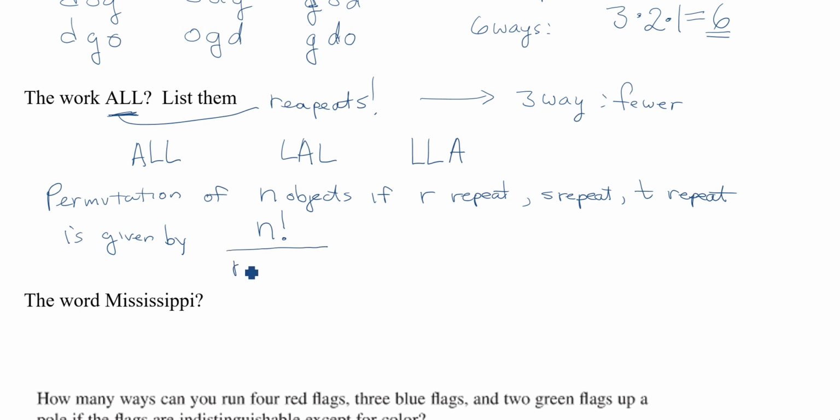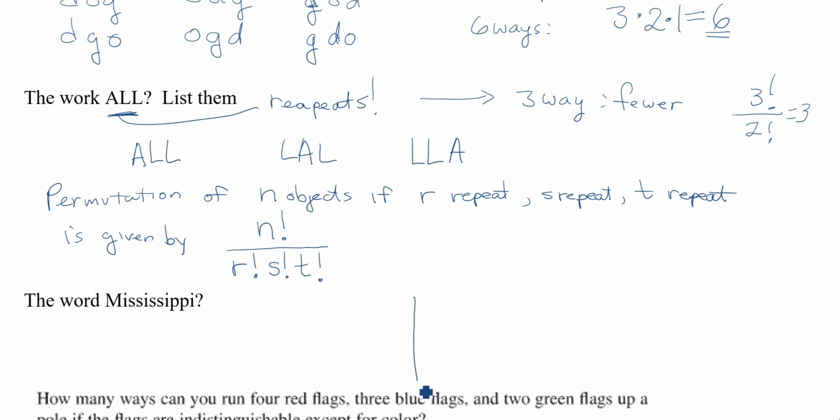And to make it smaller, we're going to divide by r factorial, s factorial, t factorial to get our answer. So if I apply this to all, there are 3 letters altogether, and L repeats twice, and so that would give me 3.